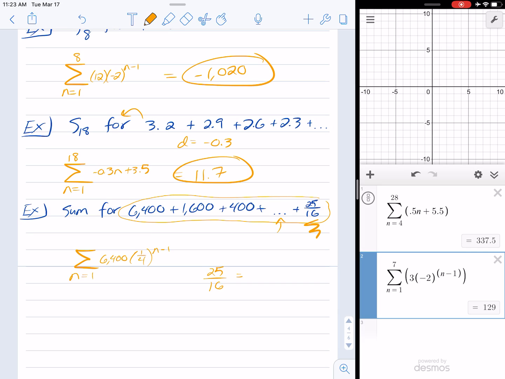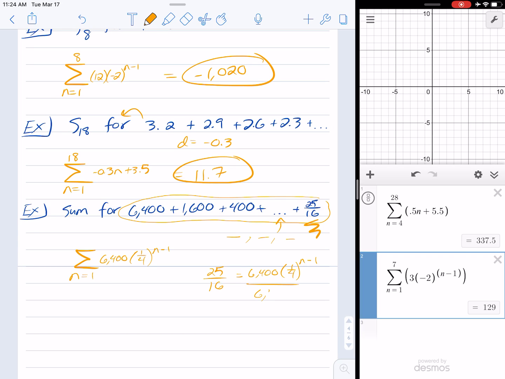Okay, for some of you, it might be easier just to expand this out and see how many terms fall in the middle here. But if you want to just use a simple equation, we could do that. The equation we were writing before equals our first term, 6,400, times our ratio of 1/4 to the power of n minus 1, because we're solving for n. We want to know what term number is 25 over 16.